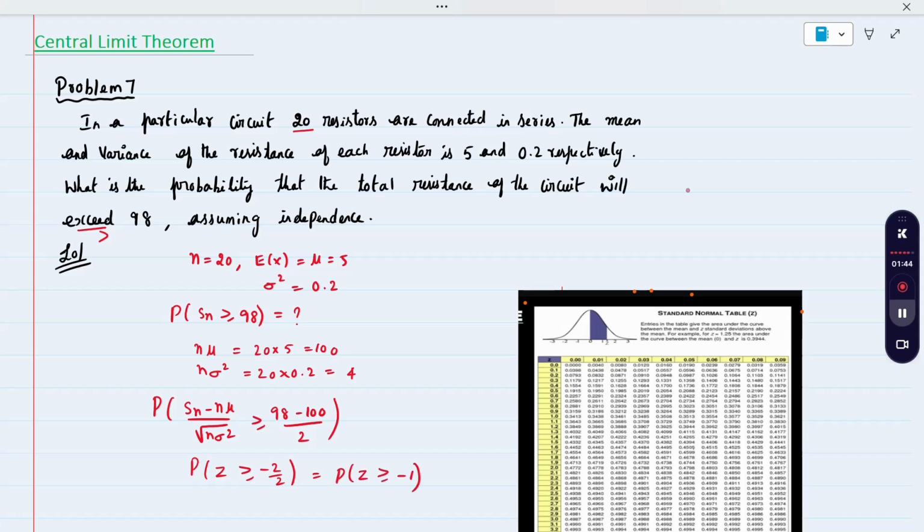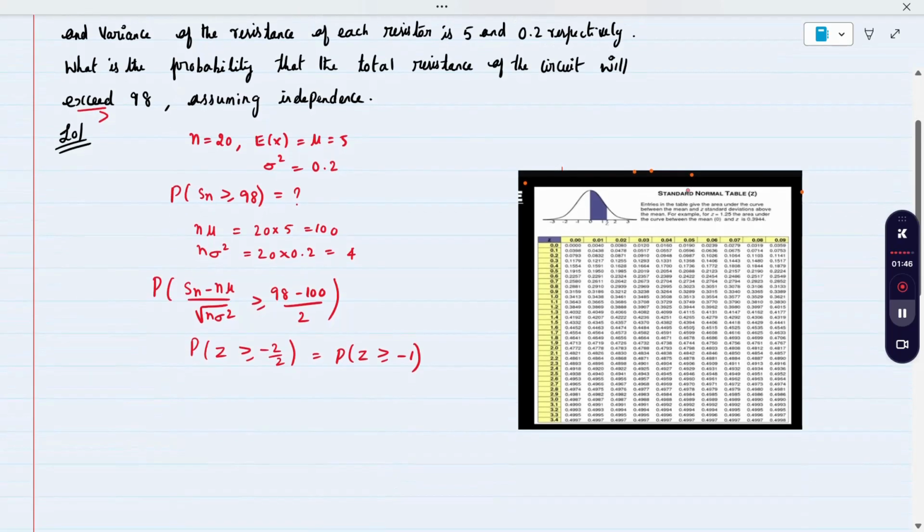So let's immediately draw a diagram for this. Minus 1 will be here, and for Z greater than or equal to minus 1 the region will be this: minus 1 to 0 and 0 to infinity. So 0 to infinity is half, plus the probability of minus 1 less than Z less than 0, which by the symmetry condition can be written as 0 to 1.